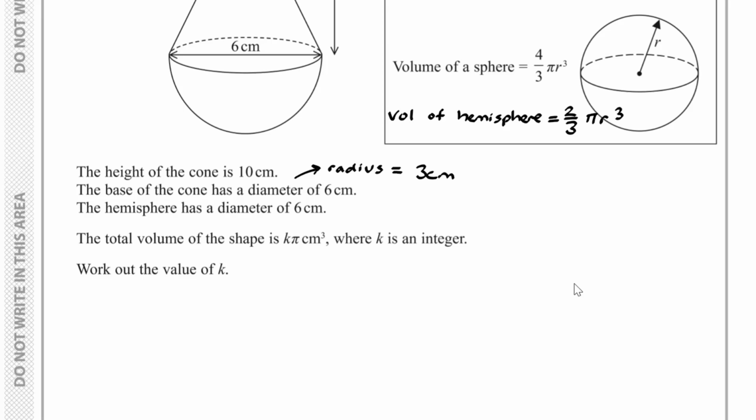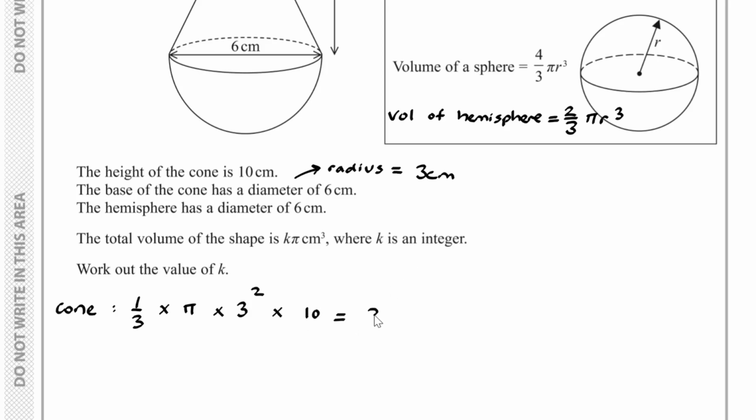So the volume of the cone, that will be 1/3 times pi times r squared, so we have times 3 squared multiplied by the height, which is 10.